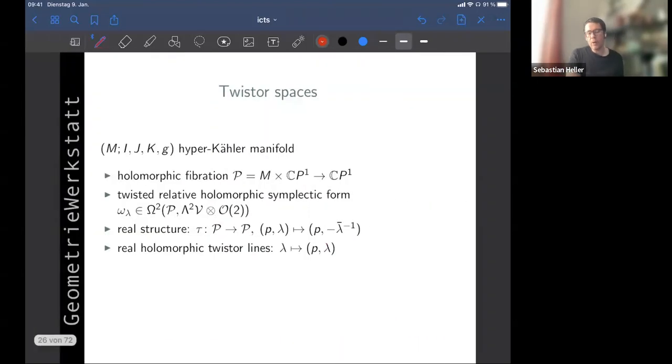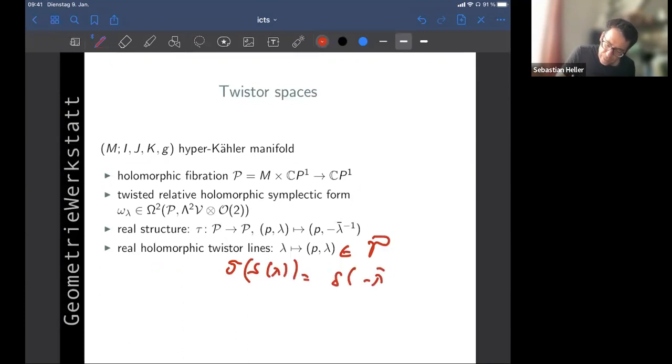And then we also have the so-called twistor lines. They are holomorphic sections of this fibration P to CP1 by taking spectral parameter lambda in CP1 and mapping it to the point (p, lambda), which is an element in our manifold P. And this is a holomorphic line, and it's real in the sense that if I denote this section by S, then I have tau of S of lambda is the same as S of minus lambda bar inverse.